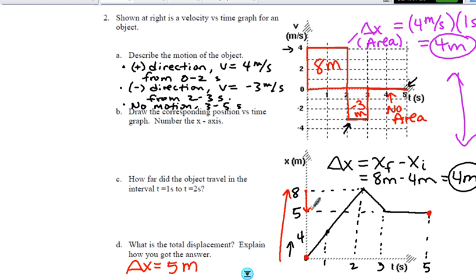So 8 meters plus -3 meters equals 5 meters. If you were to add both of these quantities without the negative, you'd get 11. 11 meters would represent the distance that the object traveled, where we would continue to rack up the length of the path that the object had followed.